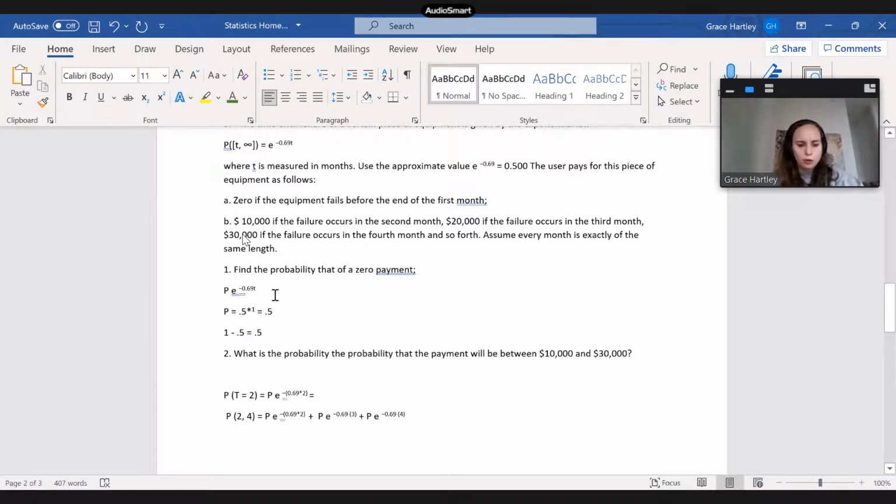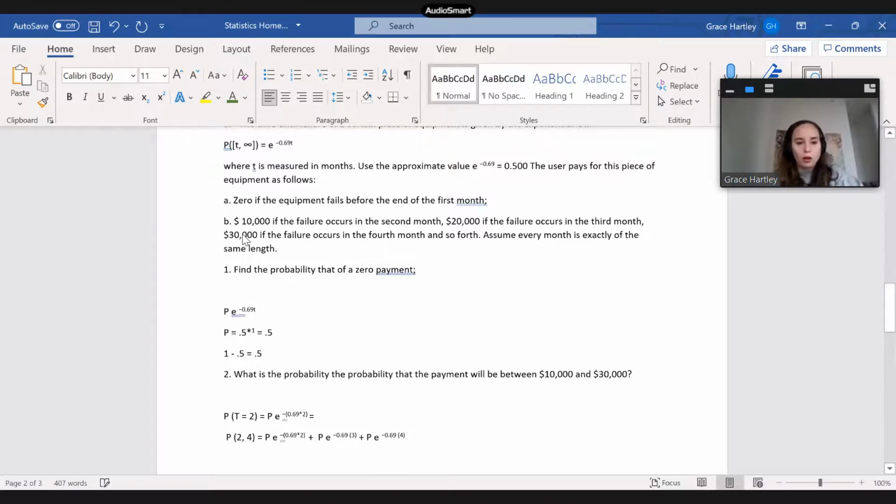P from which to which? 0 to 1. Yeah, you get the point. So the second question is not P from 2 to 4, right? The first one is from 0 to 1 because it's the first month. So then it starts at 1 and goes to 3.